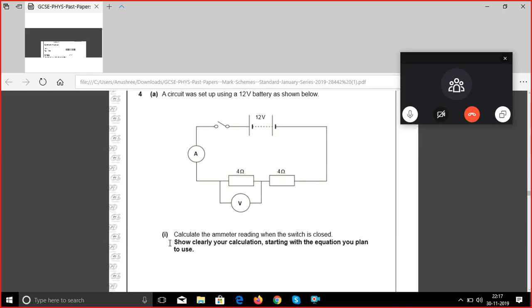Now question 4, see this circuit using a 20 volts battery. Calculate the ammeter reading. So it's A right there. You have to calculate the reading of the ammeter when the switch is closed. Show clearly your calculation starting with the equation you plan to use.